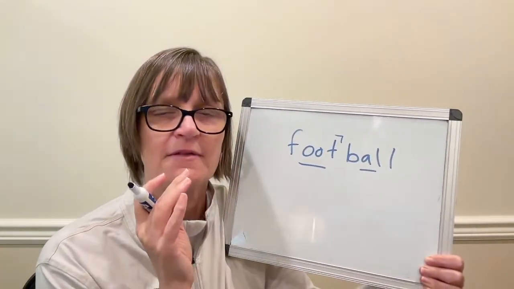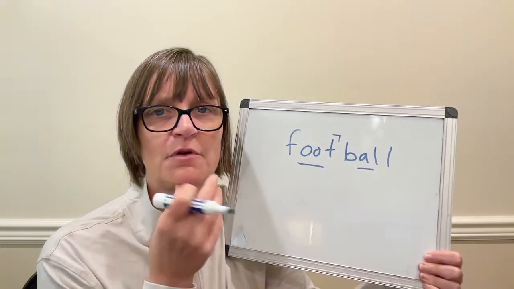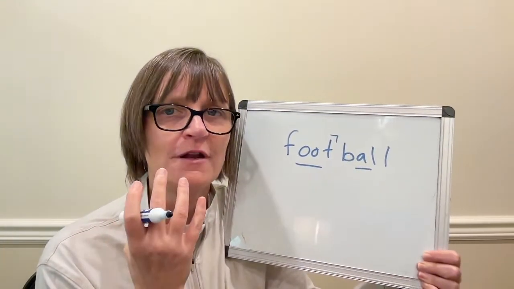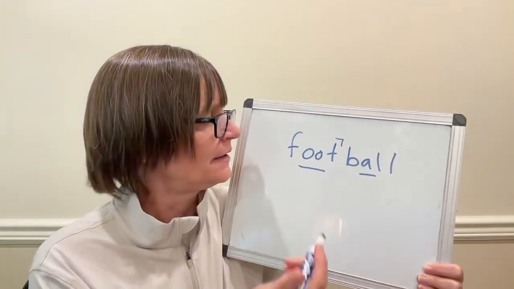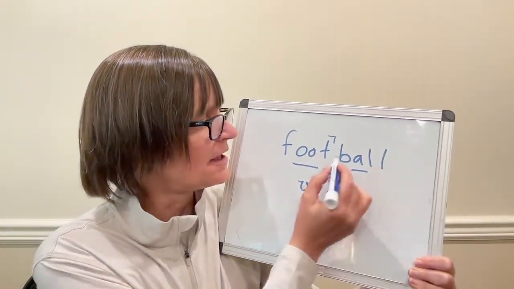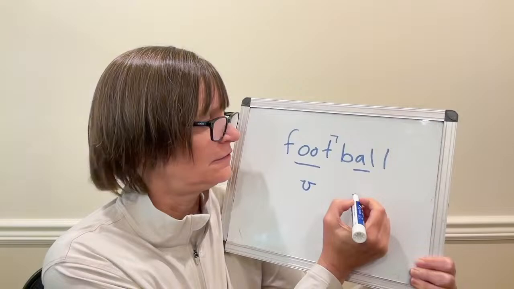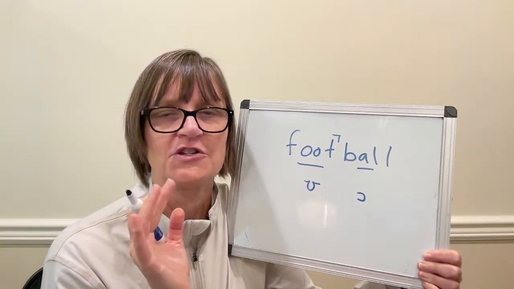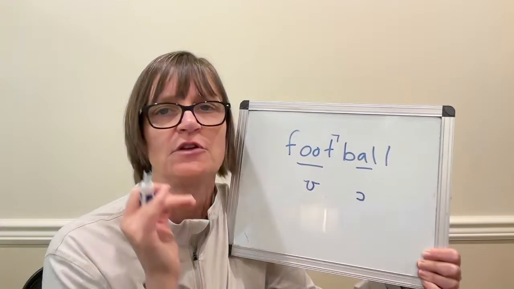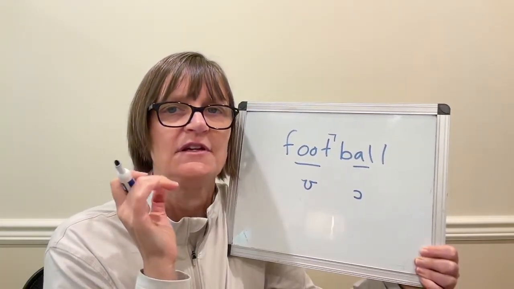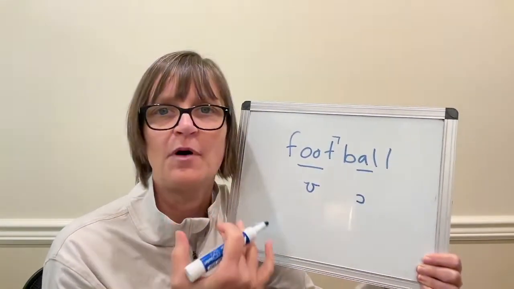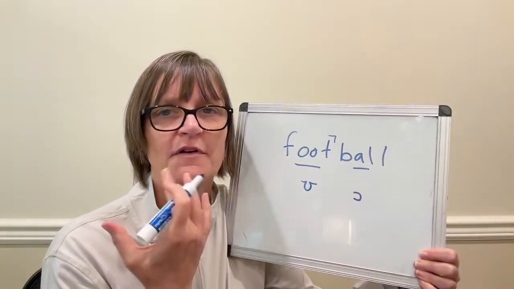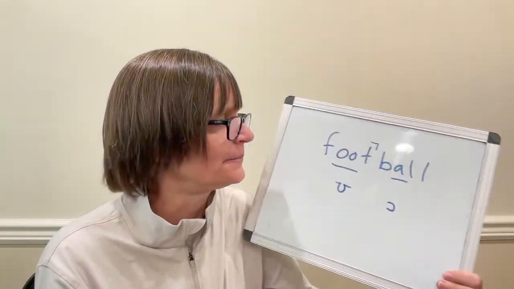So I'm stopping the T either in my throat or a little further forward in the mouth, not releasing the T sound. Football. This is the vowel, and this is the vowel. You may or may not finish the L, where you're lifting. You can use a dark L where the tongue doesn't have to lift. If I'm linking, football is in the fall, football is, then I'm going to use more of a lifted L there.